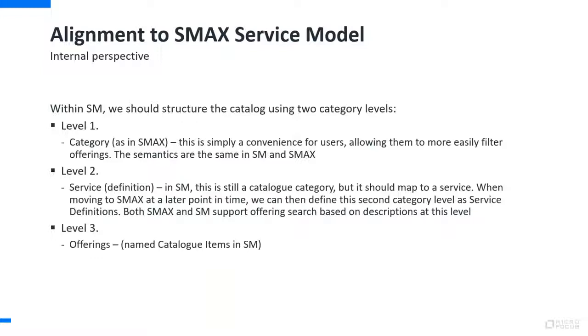They're not just categories. On the SMAX side, there is a master category level, as in the first layer is the category. The second layer in the catalog structure is something called service definition. And the third layer is the actual catalog offering. Whereas in Service Manager, you define what the categories are, and you can build a multi-tier tree of categories, and you then decide if the category is no longer a category and starts to contain items or not.